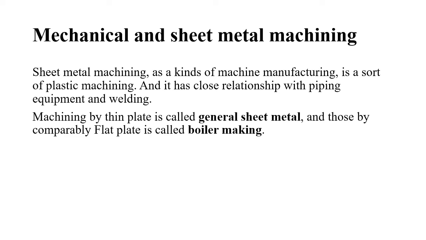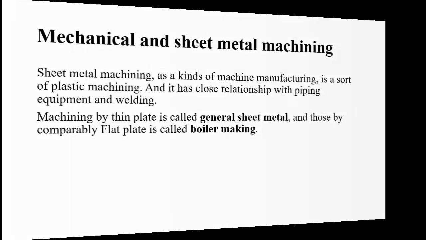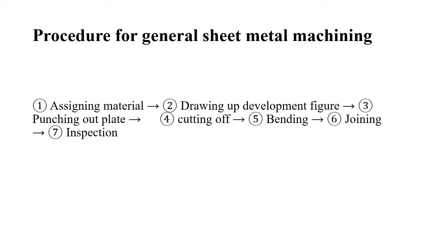If we are dealing with thin plates, it will be called general sheet metal. But if we are using flat plate, this will be called boiler making.